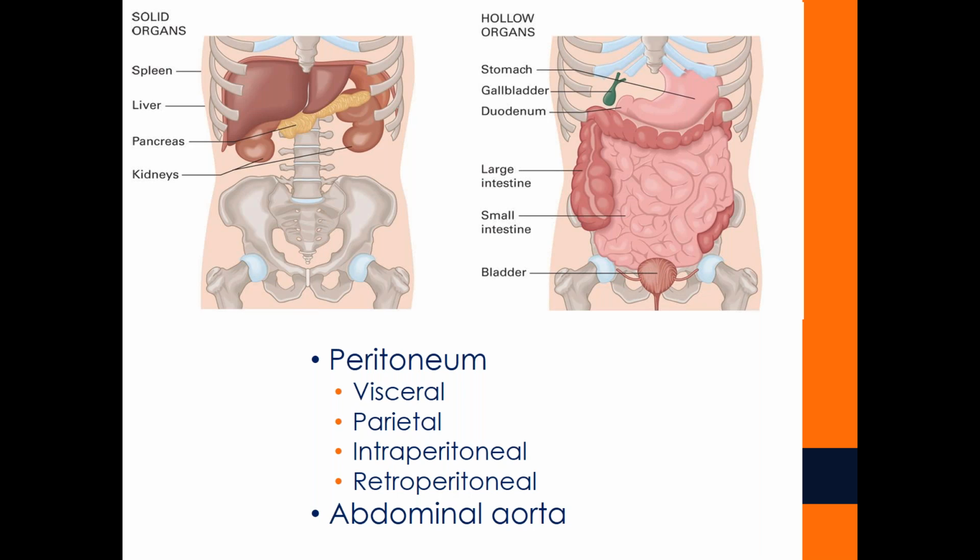Things that are gross and filled with bacteria and really just aren't meant to be anywhere but inside of that hollow organ. So when one of these organs happens to rupture or have some sort of disease process that makes it no longer functional at its job, we think of all of those contents spilling into the peritoneal space.